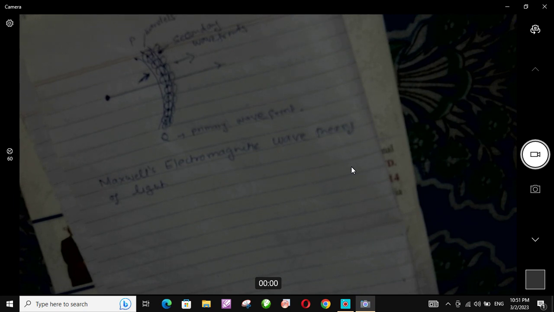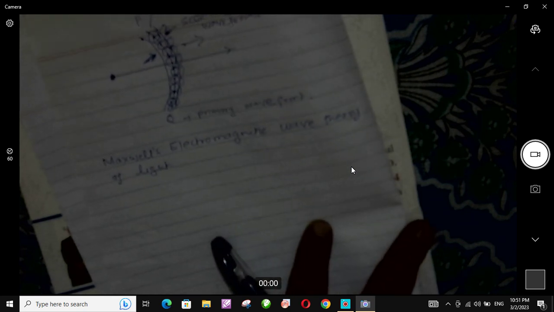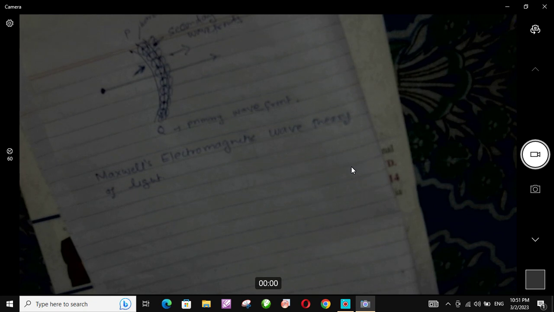Maxwell's electromagnetic theory of light waves does not meet the objection regarding the concept of ether. So the concept of ether was not included in the idea of Maxwell. Later, the idea of ether was rejected by Michelson and Morley. We will further study electromagnetic waves in the next lecture.